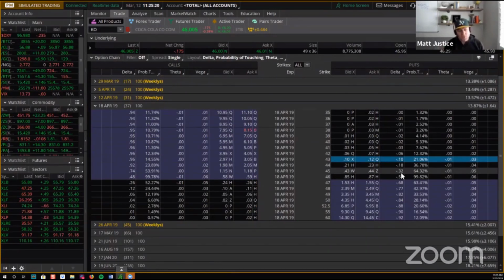However, there's only a 21% chance that Coca-Cola will actually hit 43 in the next 37 days. So I just wanted to do a very quick little understanding of the difference between delta defining probability at expiration versus the market actually seeing those strike prices get hit within that time frame of that contract, and that is what we call probability of touching.